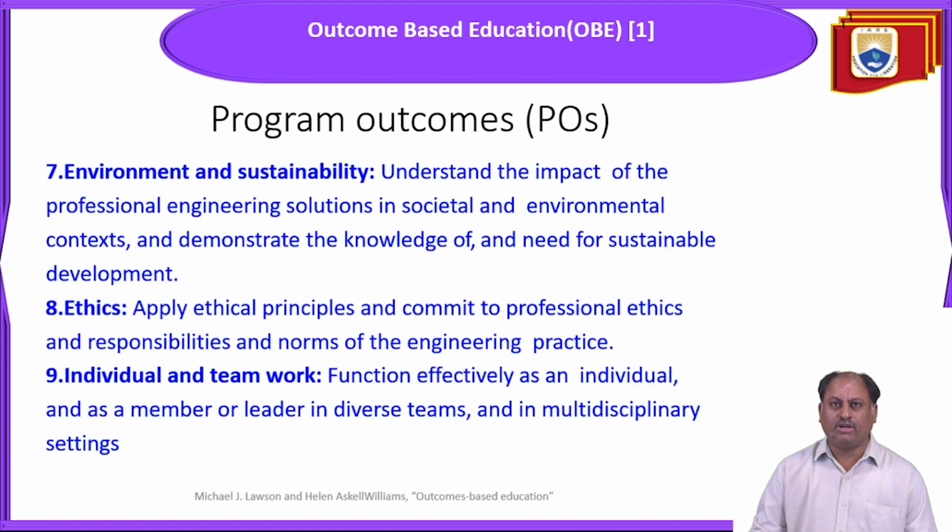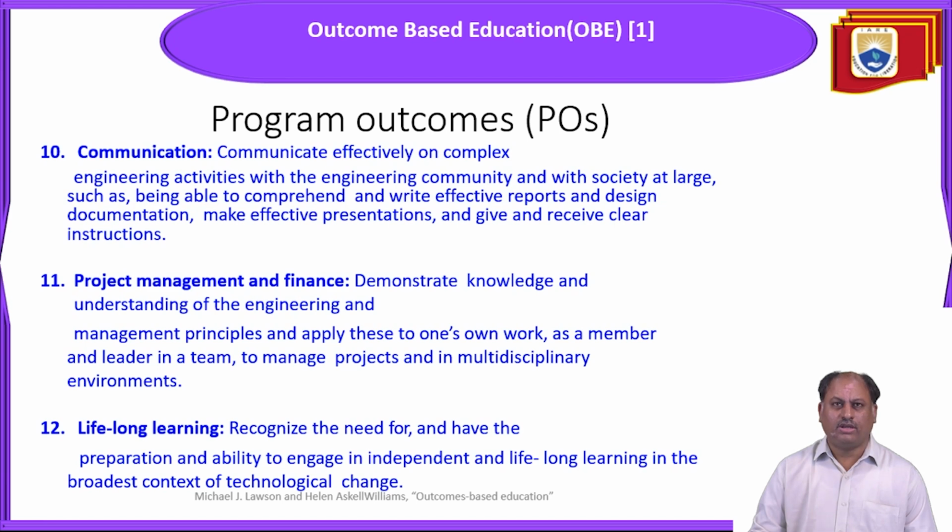The seventh one is environment and sustainability, then ethics, individual and teamwork, communication, project management and finance, and lifelong learning. So these 12 program outcomes are to be available for all the courses of the corresponding program which the student has joined.